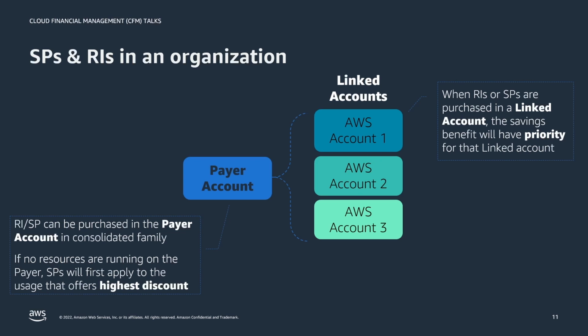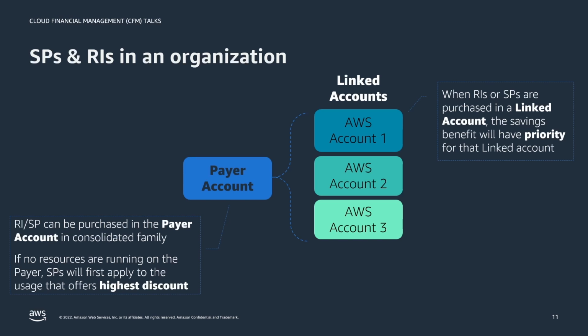So if you purchase an RI in AWS account number 1 on the screen here, it will look to cover everything in that account first. And then if your RI sharing benefit is on for this organization, as soon as it has covered everything it can in that first linked account, it will look to the rest of the organization to apply that savings benefit elsewhere if there is anything left over.